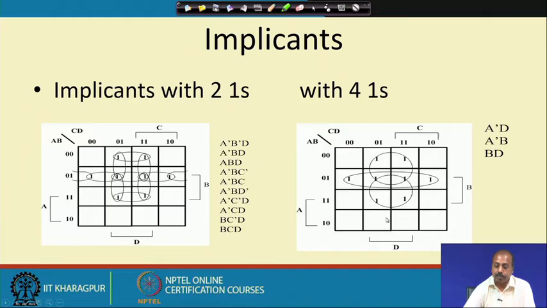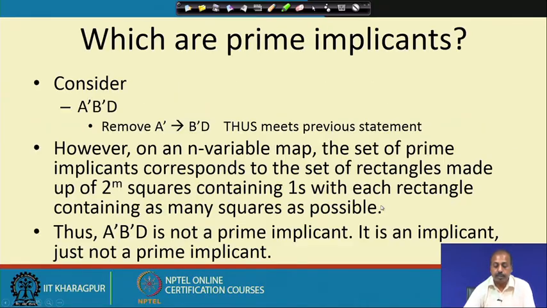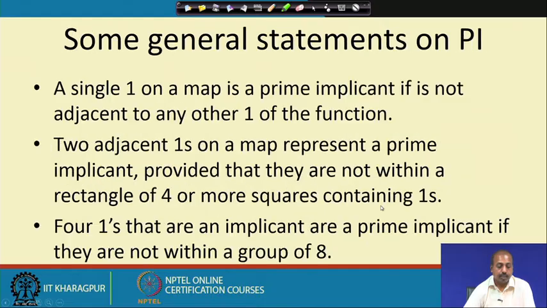If, for example, in the original function these 2 combinations were also 1, then this whole thing would have formed an octet. In that case, A bar D and this one and this one would not remain prime implicants anymore, but would simply be implicants. That is what is said here: two adjacent ones on a map represent a prime implicant provided they are not within a rectangle of 4 or more squares containing ones.